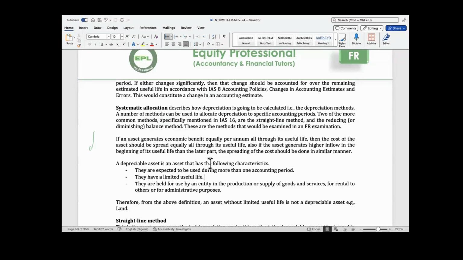Everybody knows that any state is 99 years. You don't own the land forever. Land belongs to the government. In some states, it might not even be 99. It depends. But land is land, unlimited useful life. So let's leave that.